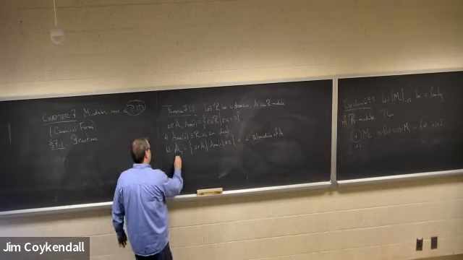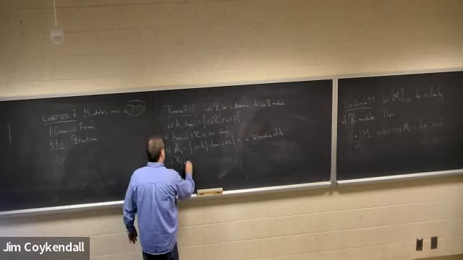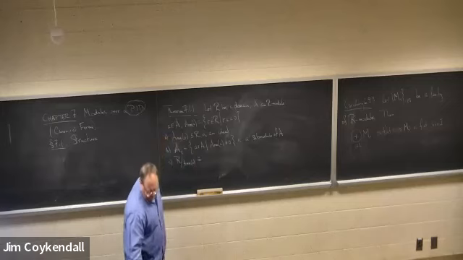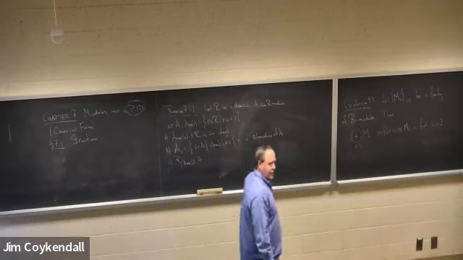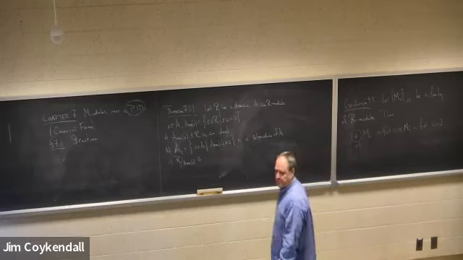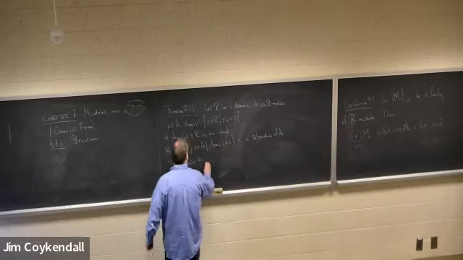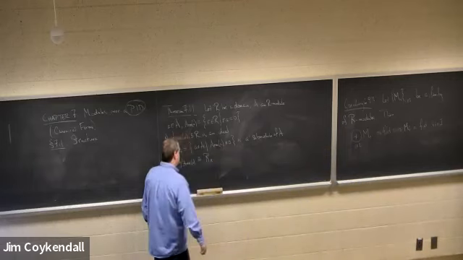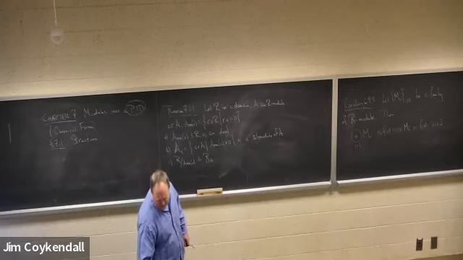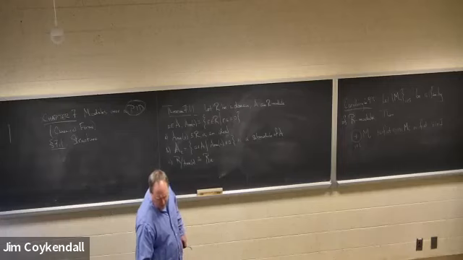Part C: when I take R and mod out by the annihilator of a, anybody want to guess what that is? This is isomorphic to Ra as an R module.